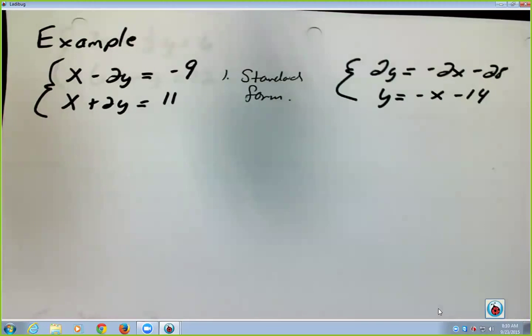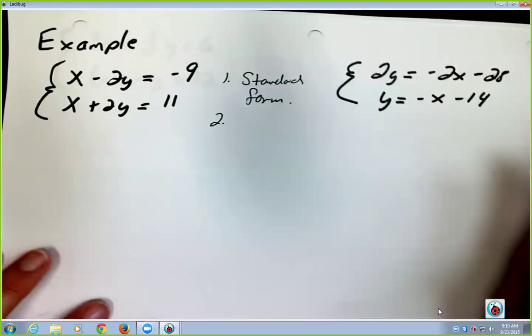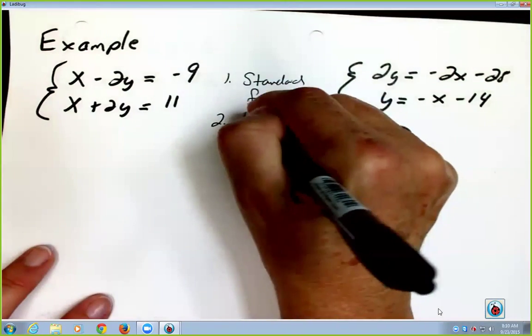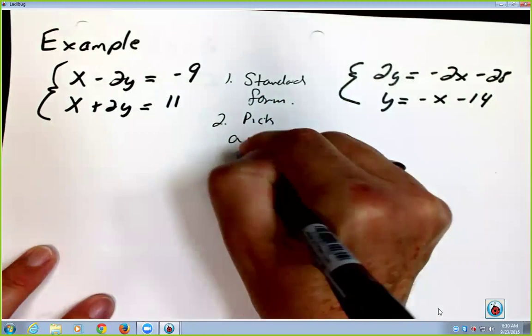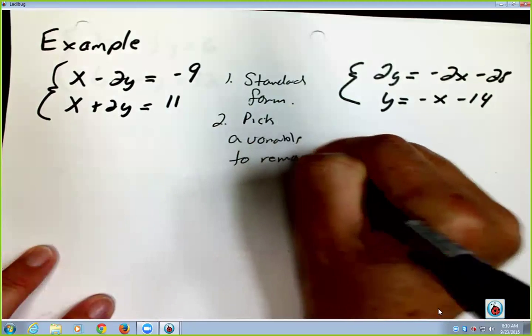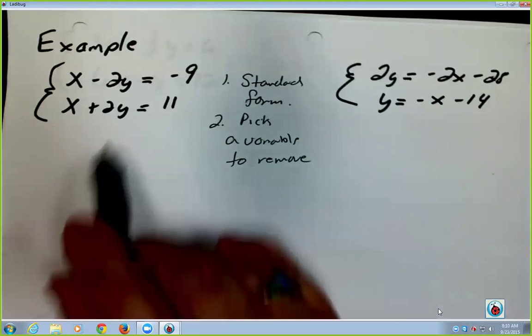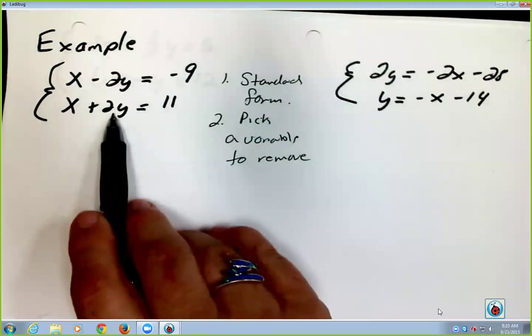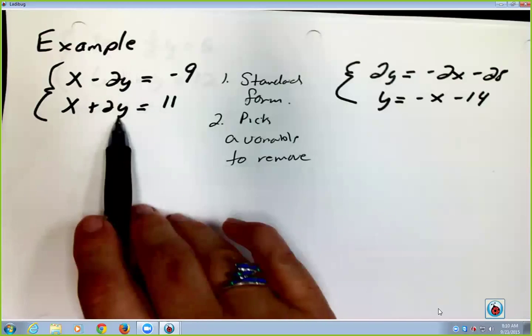So then we need to, second, see if we can get rid of a variable. So pick a variable to remove. So if I look at this and I have an x and an x, and I have a negative 2y and a positive 2y, my goal in here is to make one go away.